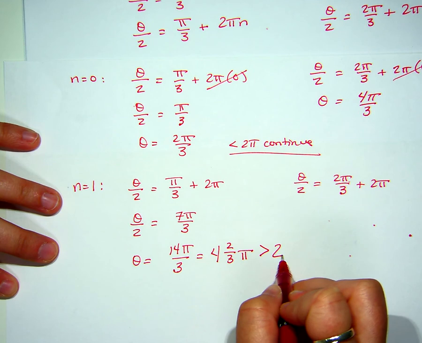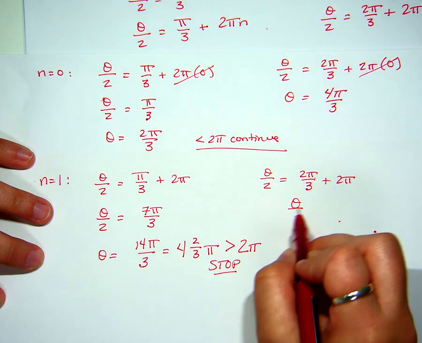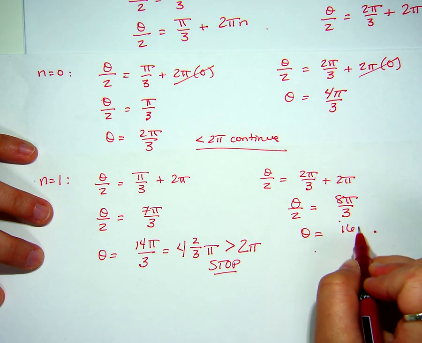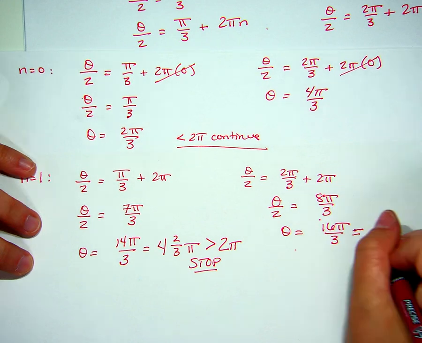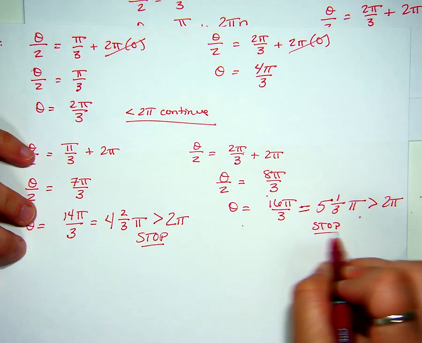Is this bigger than 2 pi? Absolutely. So stop and don't include. Let's look at this side. I've got theta over 2 equal to 8 pi over 3. Theta is equal to 16 pi over 3. How many times does 3 go into 16? That goes in 5 times with 1 left over. Is this bigger than 2 pi? Absolutely. So stop and don't include.